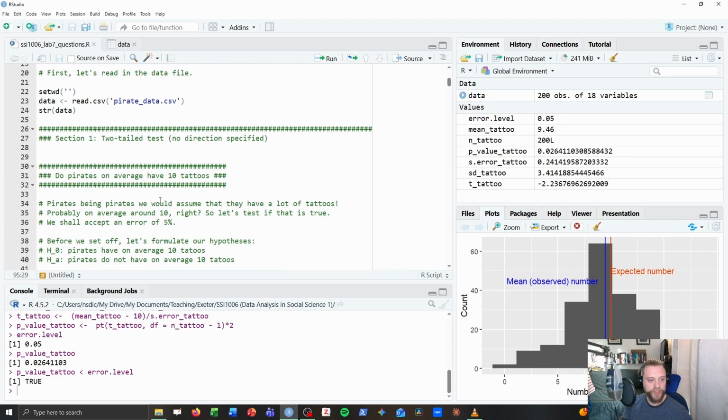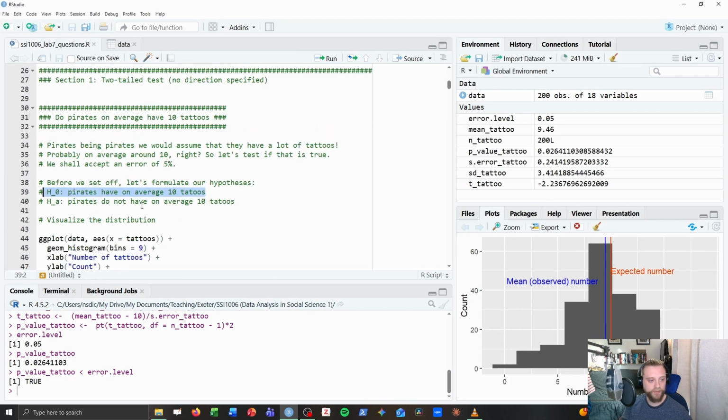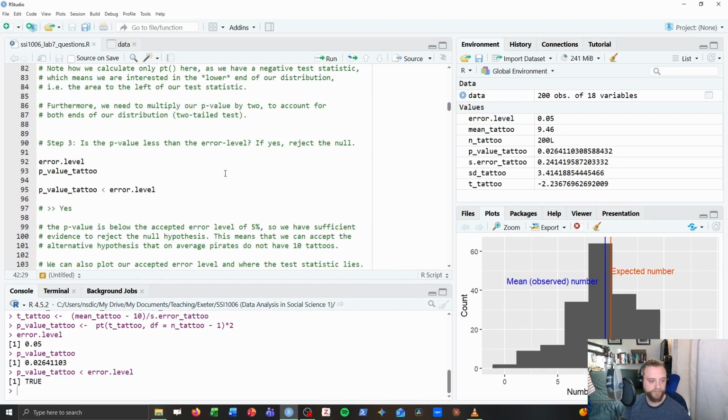In other words, we reject the null hypothesis and accept the alternative hypothesis, that these pirates do not, on average, have 10 tattoos. They're not drawn from the population where 10 is, in fact, the mean average.